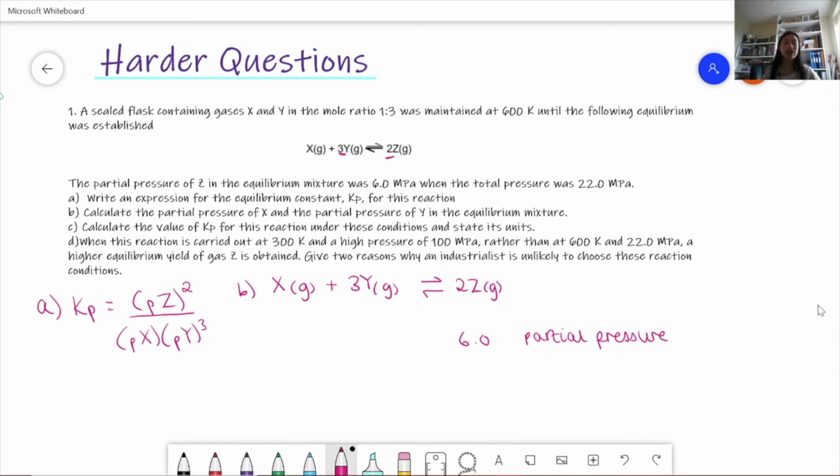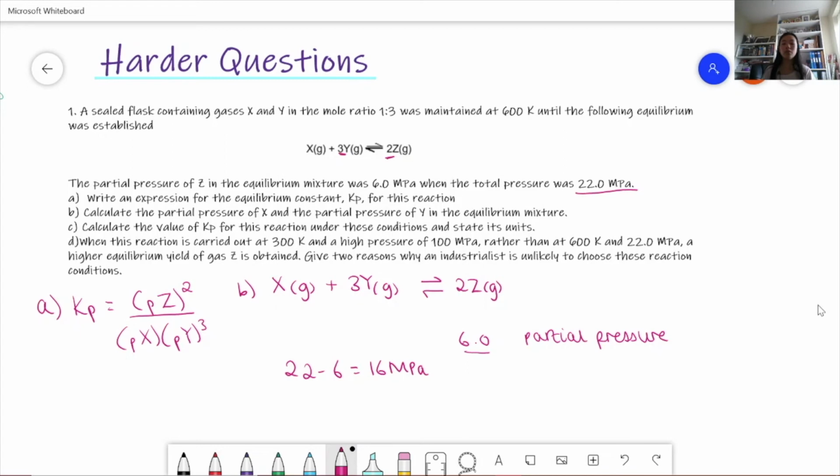Because we know the total pressure is 22 megapascals, and we've got 6 megapascals for the partial pressure of Z, all the partial pressures need to add up to 22. So if we do 22 minus 6, we get 16. So we've got 16 megapascals left to share between the X and the Y.